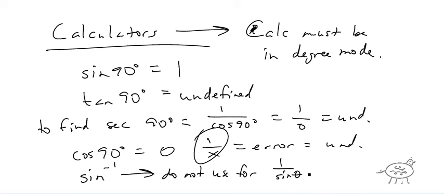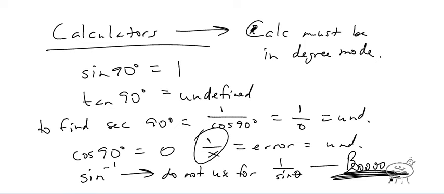That does not mean 1 over. That's actually called the inverse. That's how you find the angle. Don't use the inverse button to find secant, cosecant, tangent, or cotangent. Your calculator doesn't have a button for those. You're just going to have to deal with it by using the 1 over button for your answer.